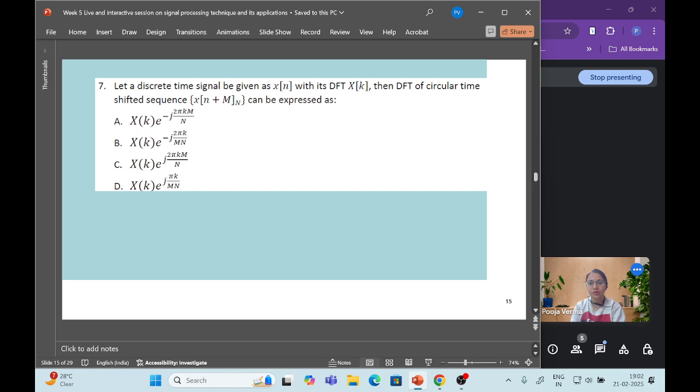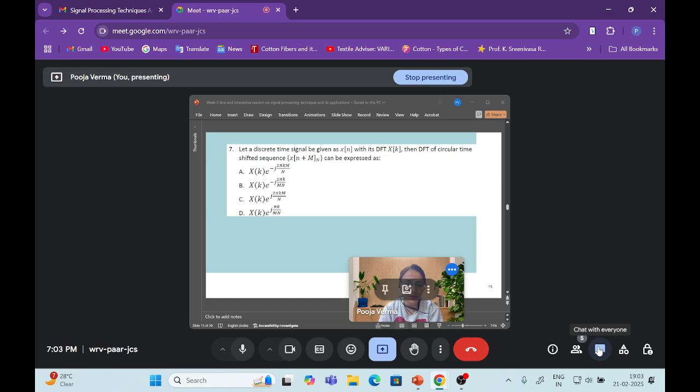Now the next question is: let the discrete time signal be given as x of n with DFT x of k. The DFT of a circular time shift x(n plus m) mod n can be expressed as? Can I ask whether this question is in your assignment problem or a different one?